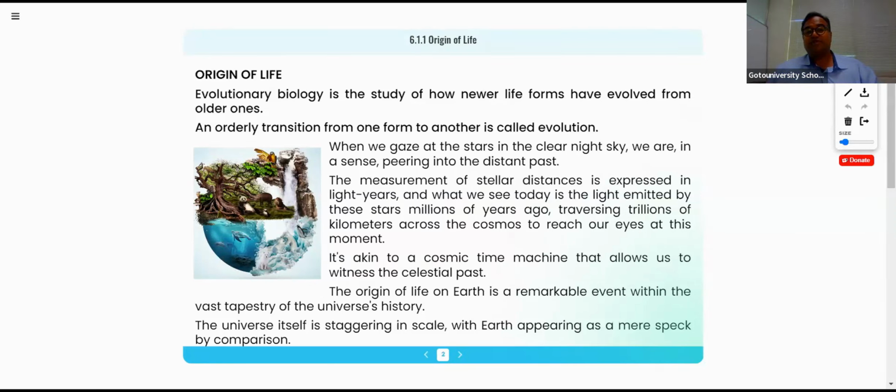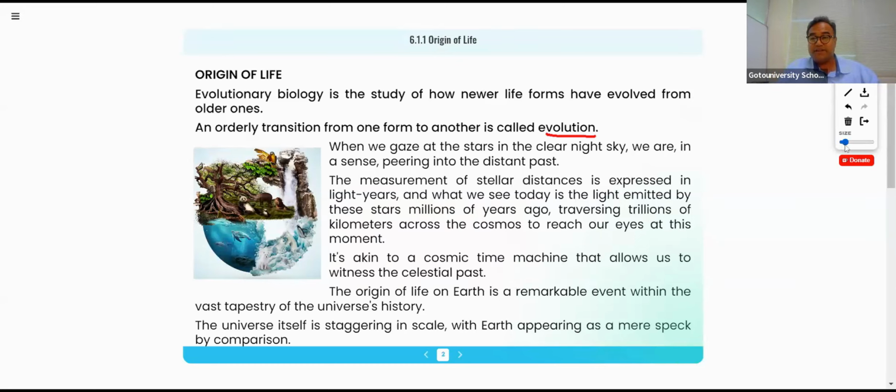The transition from one form to another form is called evolution. We know very well our ancestors. Human ancestors were not formed by any other animal. The existing different types of human beings formed us, like Homo habilis and Homo erectus, right? By analyzing the structure of the various human skeletons, we can understand all the structures in detail, right?